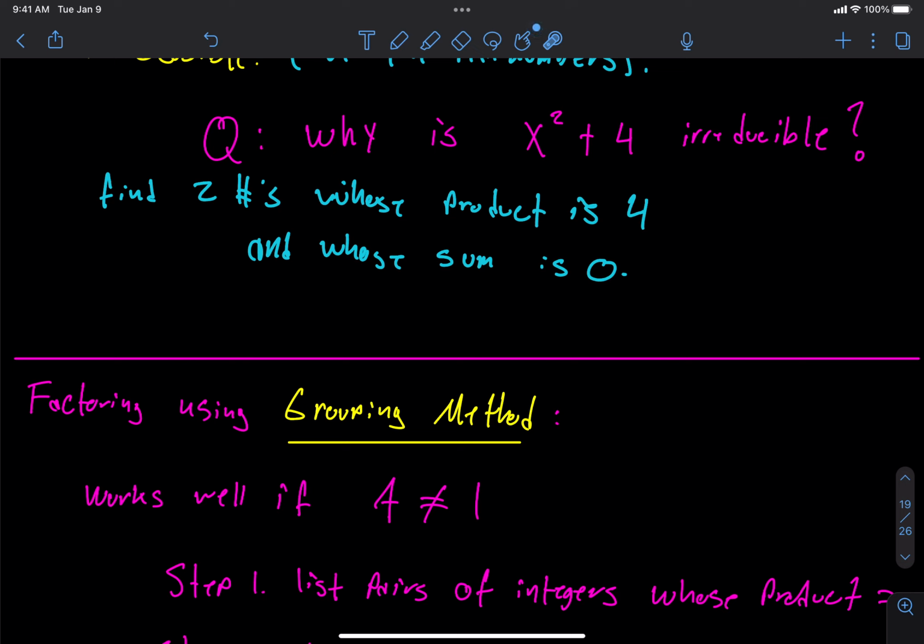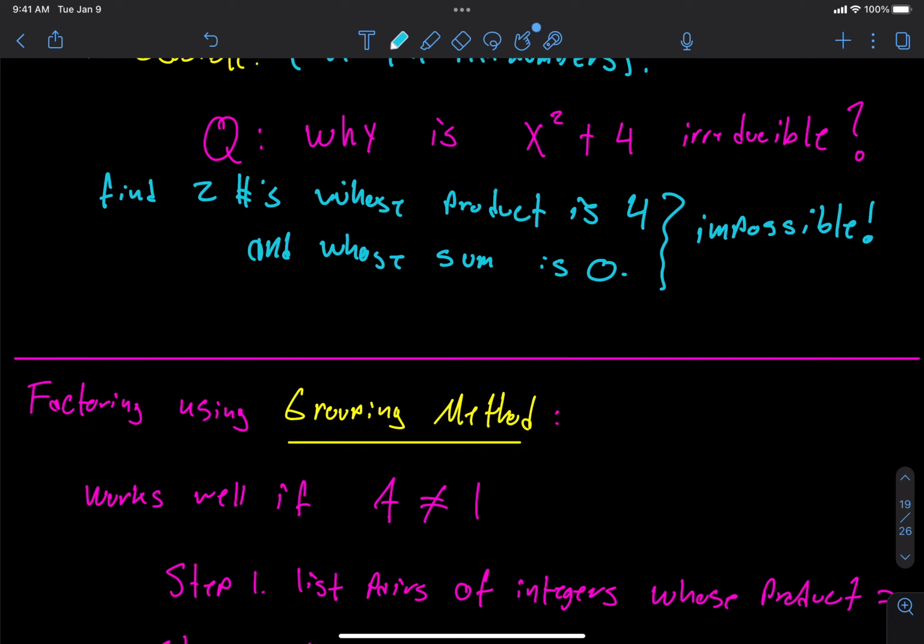Okay, why is this impossible? Can anybody tell me? You're only adding. There's nothing to subtract away. Exactly. There's no two numbers whose product is positive and whose sum is 0.